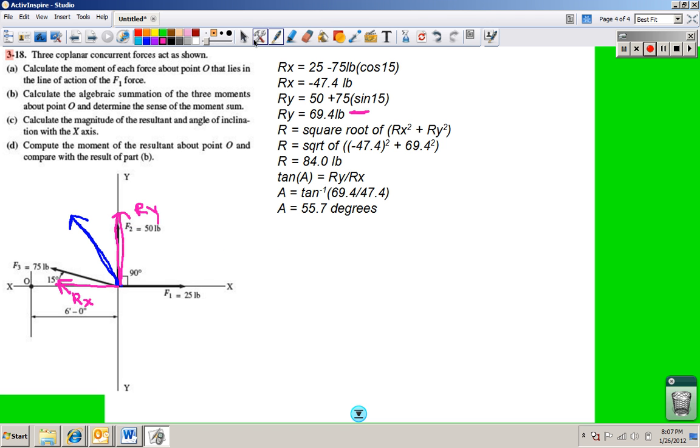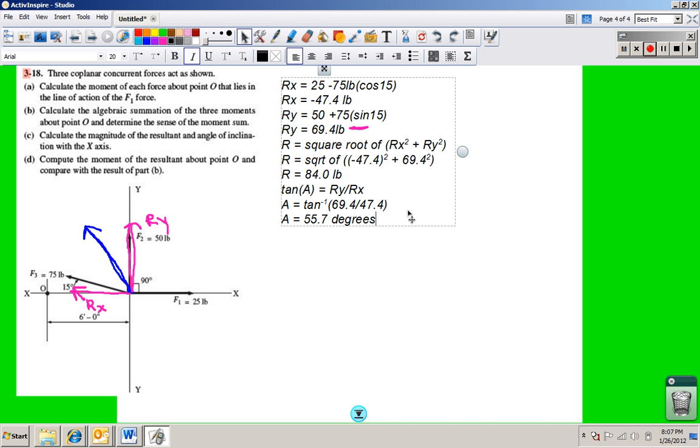So our moment is going to be, and now we're on part D. Okay, the moment at O is going to be equal to the 69.4 pounds.